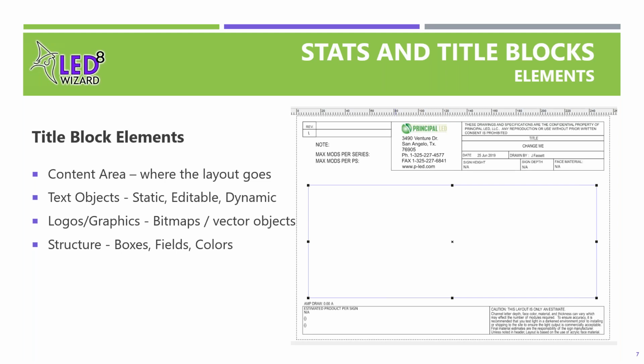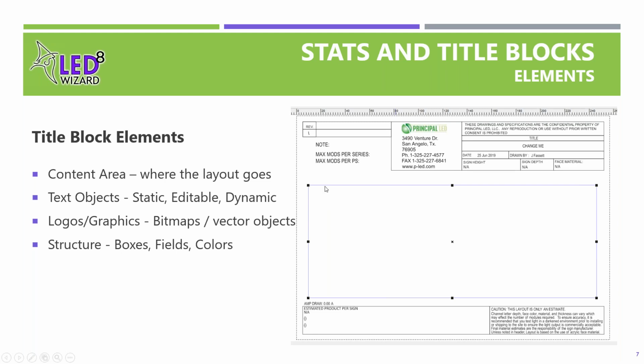Okay, so let's look at what some of the elements are in one of our title blocks. And the first item is the content area. And this is a rectangle that you define where the layout actually goes. Okay, so all this stuff on the top and all this stuff on the bottom, that's the generic template that'll always be there.